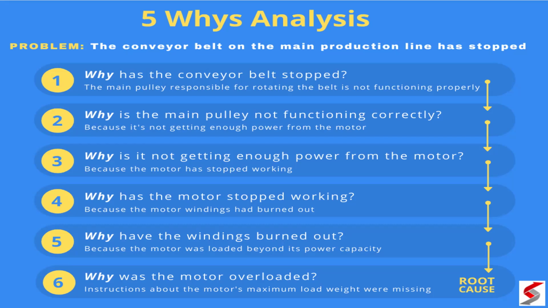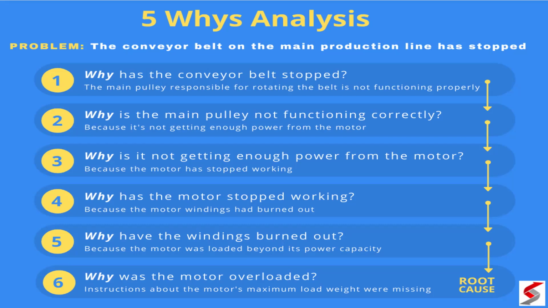Why? Now we will keep this cause under why. Why is it not getting enough power from the motor? Because the motor has stopped working. Why has the motor stopped working? Because the motor winding had burned out. Why has the winding burned out?